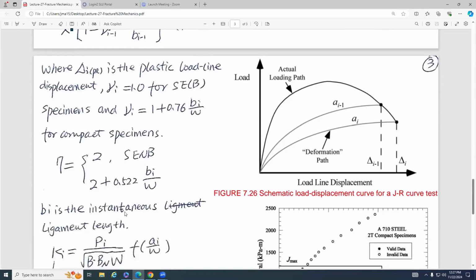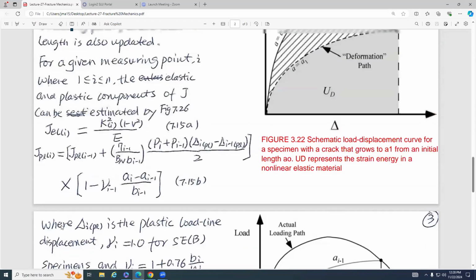So b_i here is the instantaneous ligament. Keep in mind b is the ligament length, and b_i is the instantaneous ligament length at this iteration, at this step. So K_i, right?